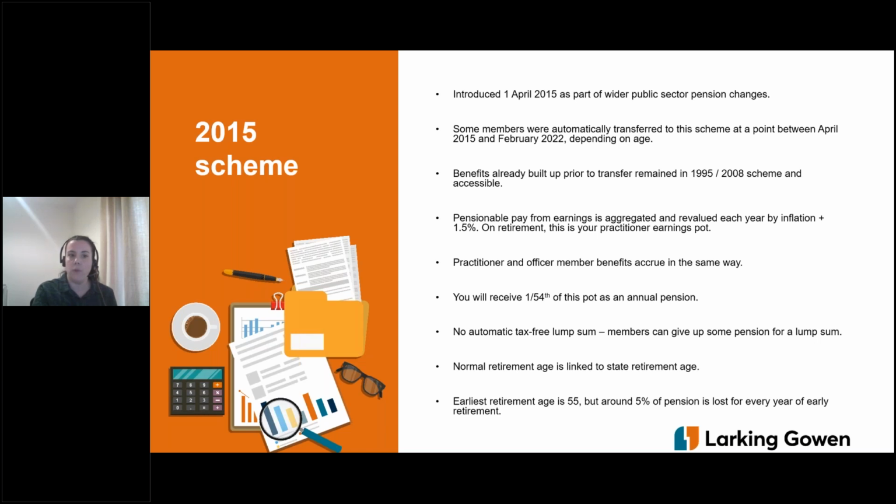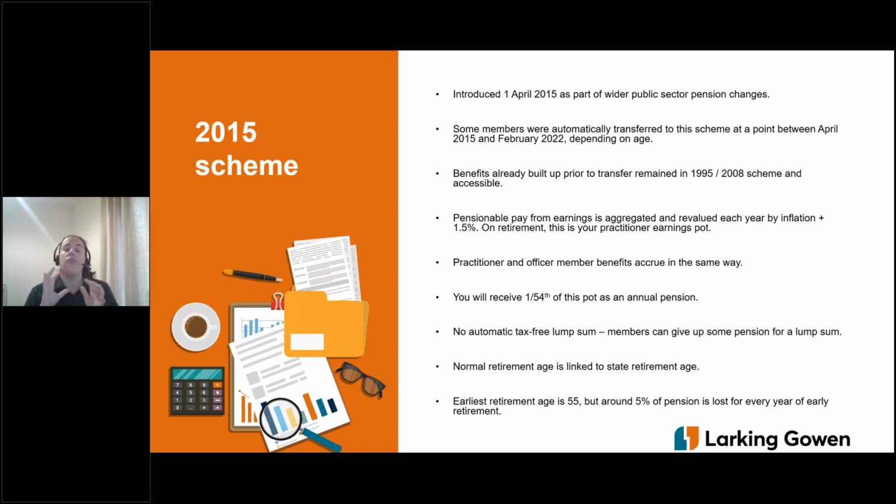As Lizzie said before, there were no tax charge implications for the move from the 95 to the 2008 scheme. This is not the same, because you are treated as contributing to a new pension scheme.